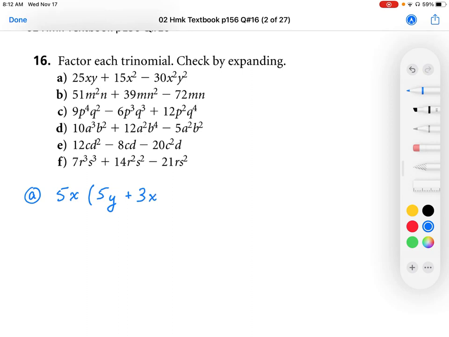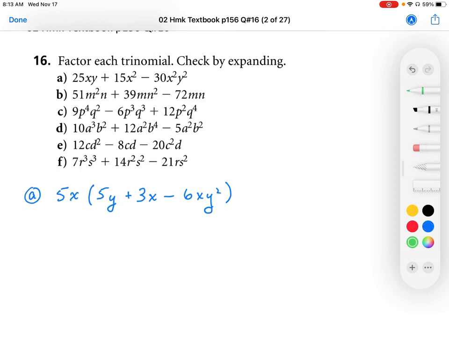And if we take 1x out, we're still left with 1x in the brackets. Minus, make sure you keep track of your signs. 30 divided by 5 is going to be 6, so we're going to have a 6 left behind. We take out an x, we're still going to have an x left behind, and the y squared still remains behind. So there's our factoring.